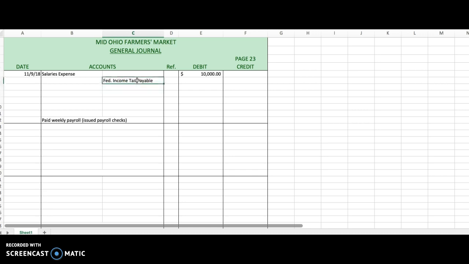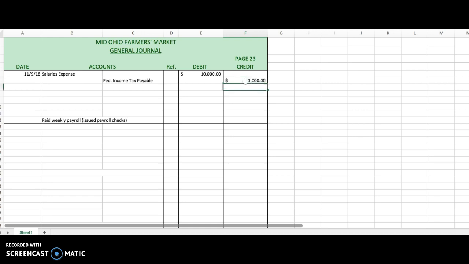federal income tax payable. Now, there are a number of steps that need to be taken with each employee to determine how much money to take out of his or her paycheck. And we're not going to worry about those steps and those details right now, but let's just assume for our purposes right now that we take out an amount totaling $1,000 from our employees.